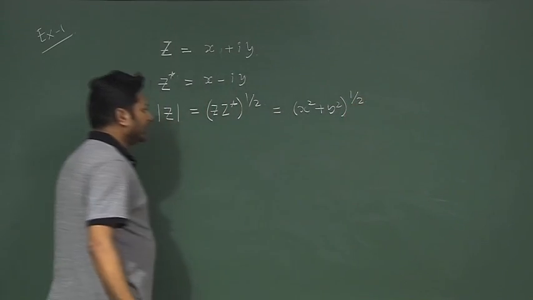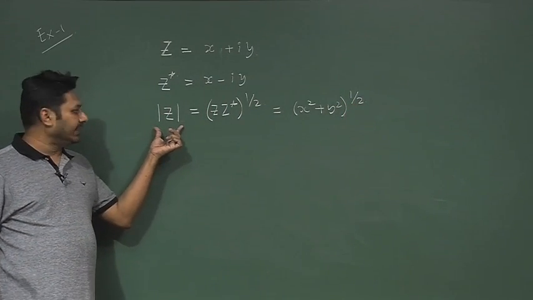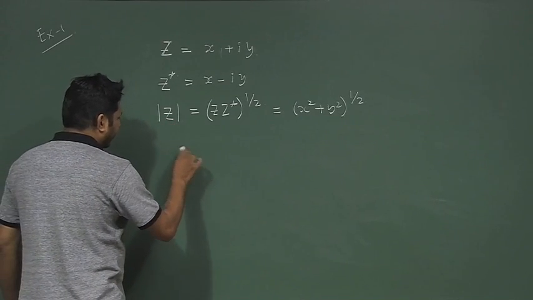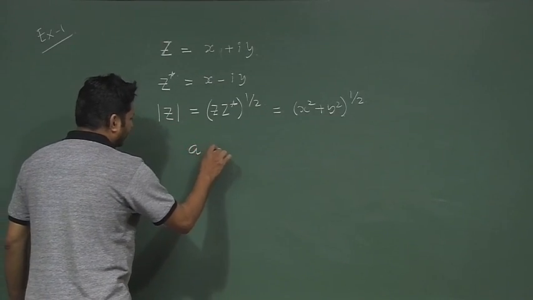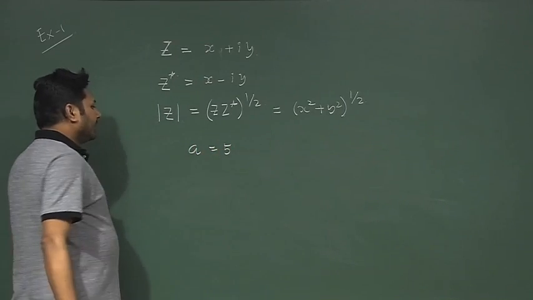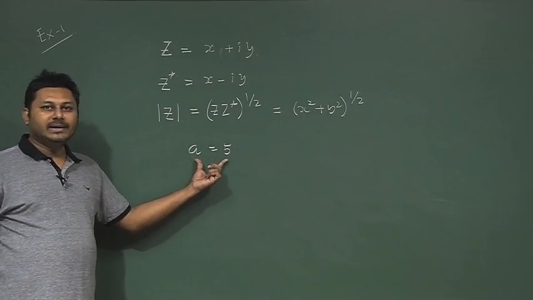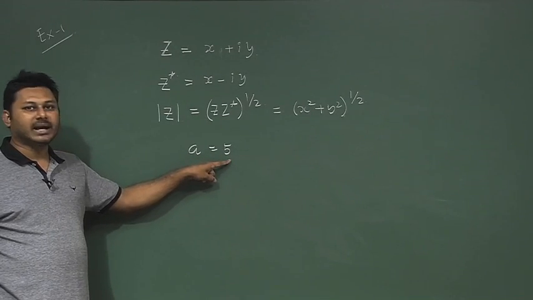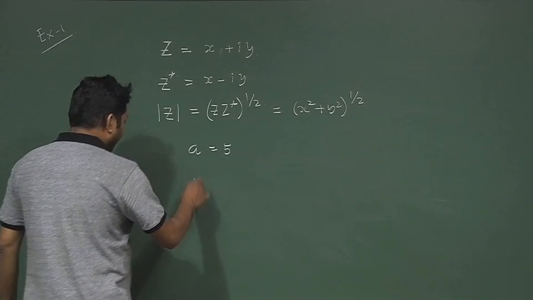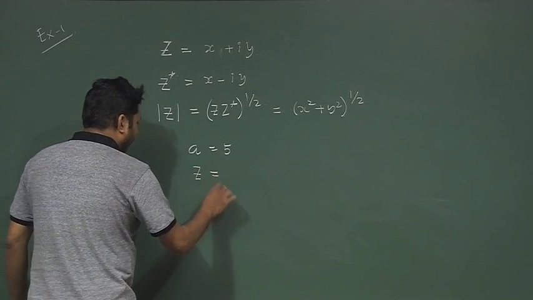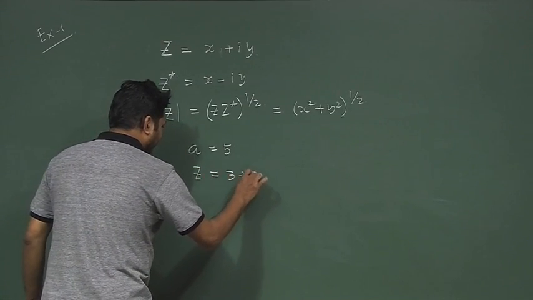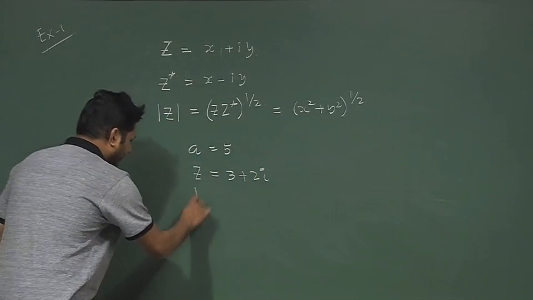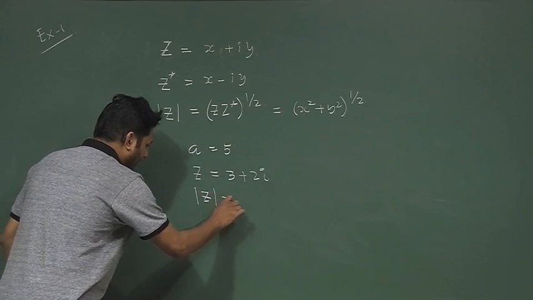The same thing I am writing, but you need to understand one thing: for a real number, say a is a real number equal to 5, the magnitude of this quantity is 5. We do not need to do anything with that. But if I write another number z, which is 3 plus 2i, then the magnitude is something different.